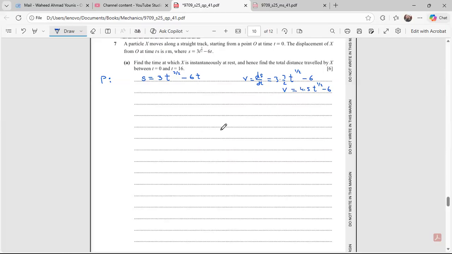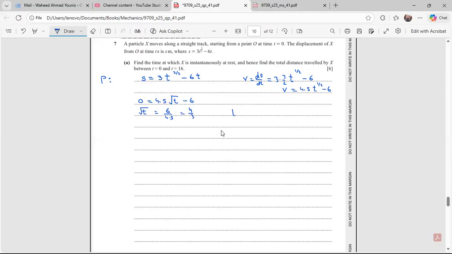This is the expression for the speed as a function of time. Now we need to find the time when the speed was 0. So if the speed is 0, we have 4.5 root t minus 6 equals 0. From here, root t equals 6 over 4.5, which is 4 over 3.